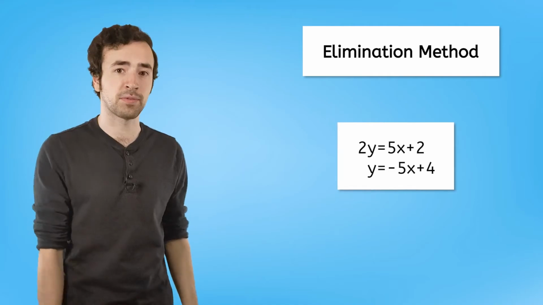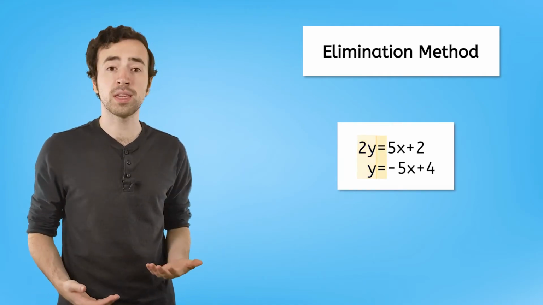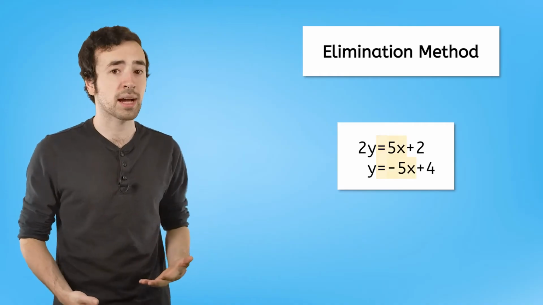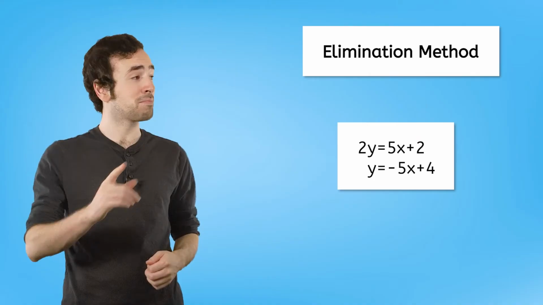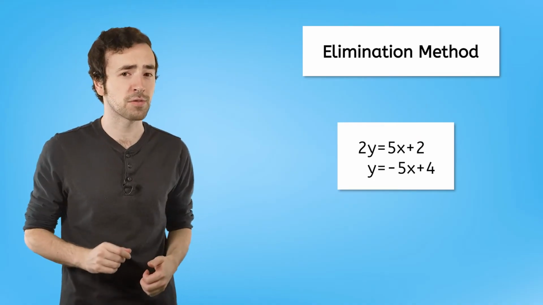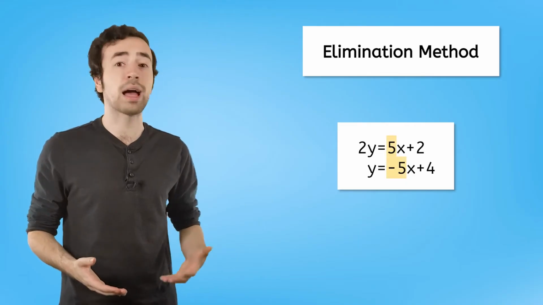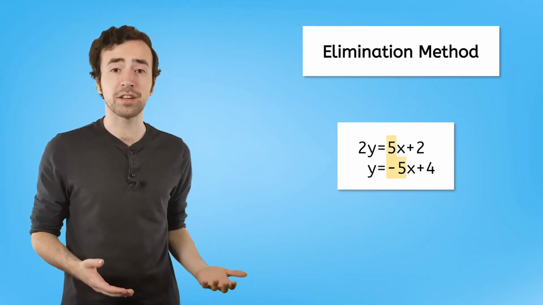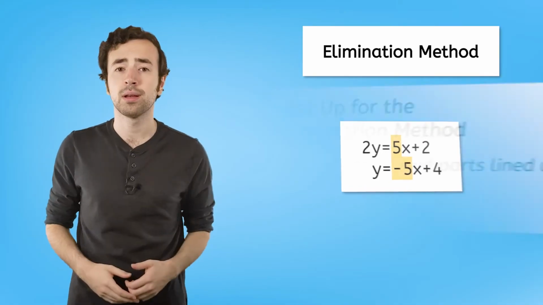Or take this system, for instance. This has the y terms lined up, followed by the equal signs, then the x terms, and then the constants. And do you see opposite coefficients in front of one of the variables? Yeah, the x variable has positive 5 and negative 5 as coefficients, and those are opposites since they add up to 0.